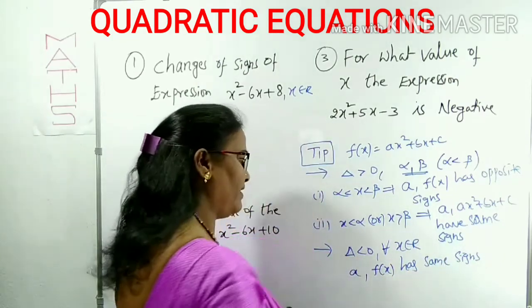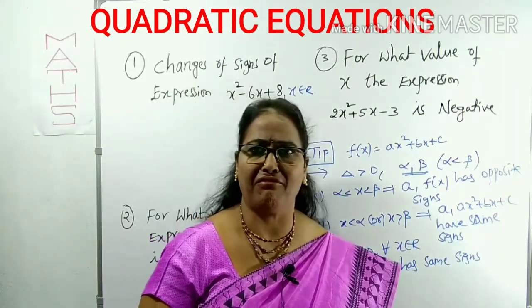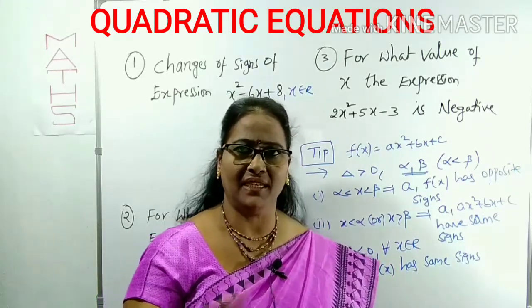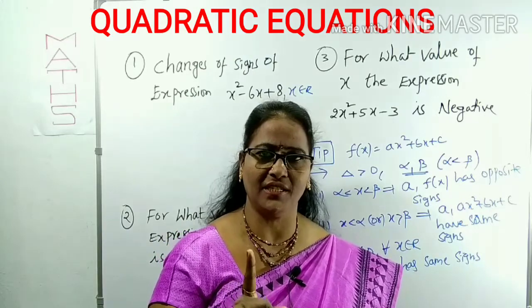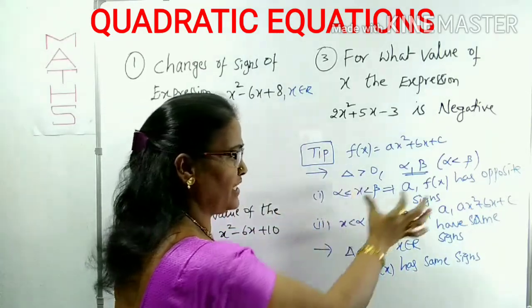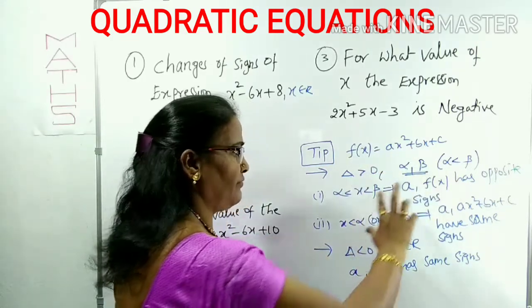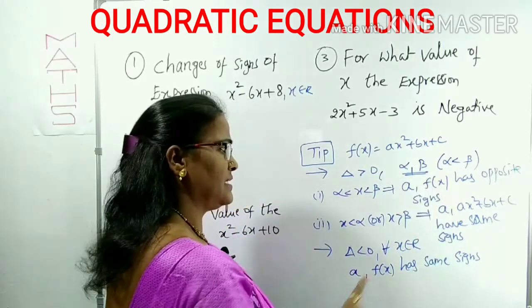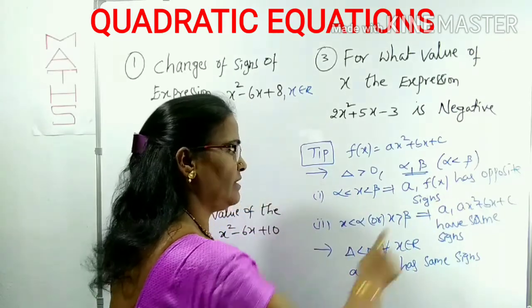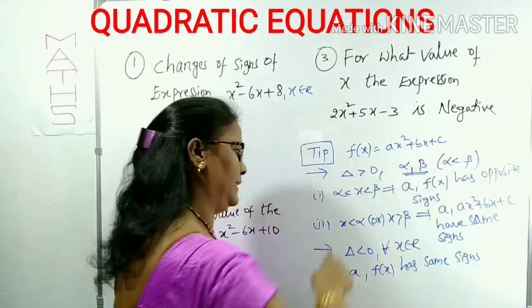This is also very, very important. These 2 points are enough to recognize the changes of signs. Then your doubt will be clear. First, what do you have to check? You have to check the discriminant value. If it is greater than 0, you can find the roots. They have opposite signs when x lies between alpha and beta, where alpha is lesser than beta.